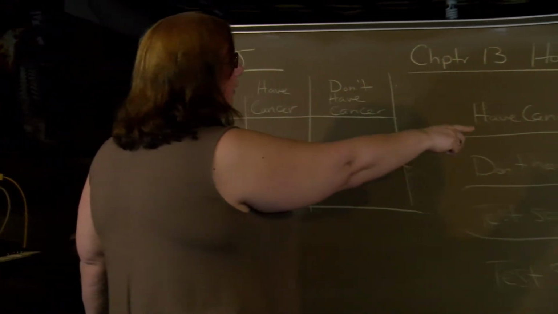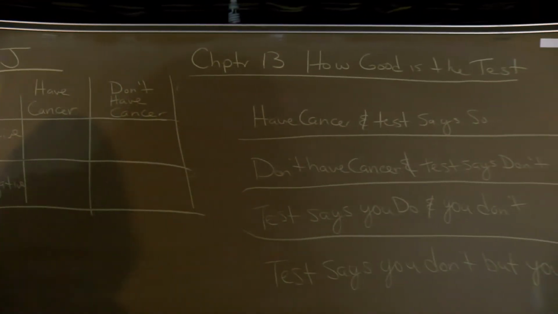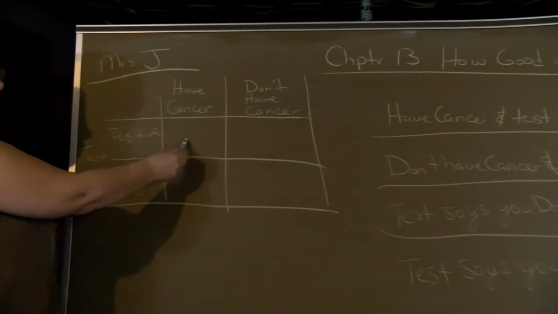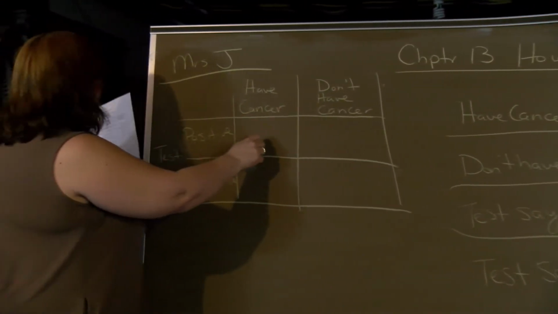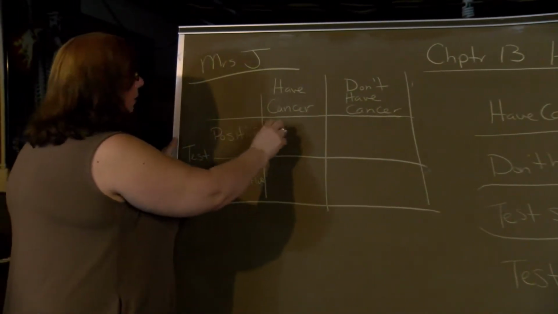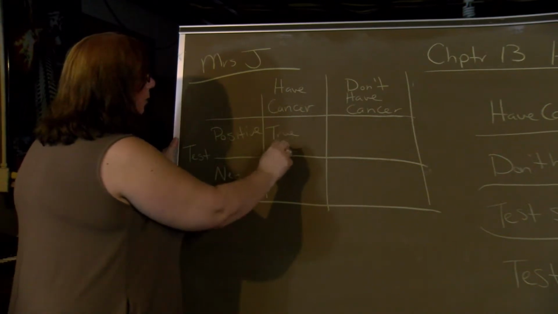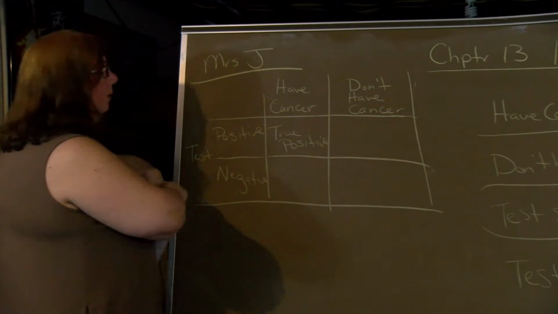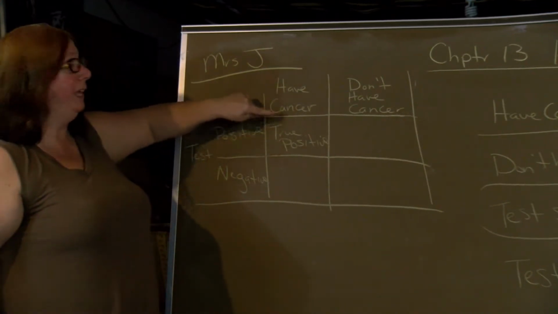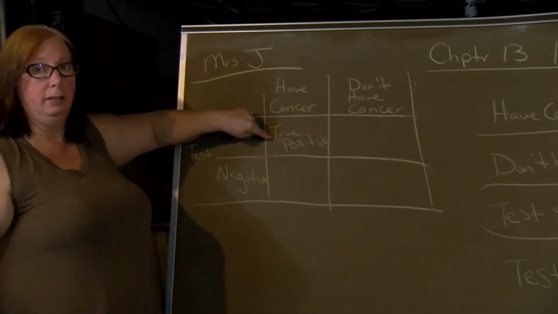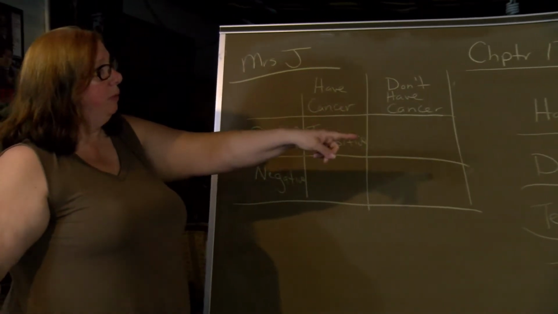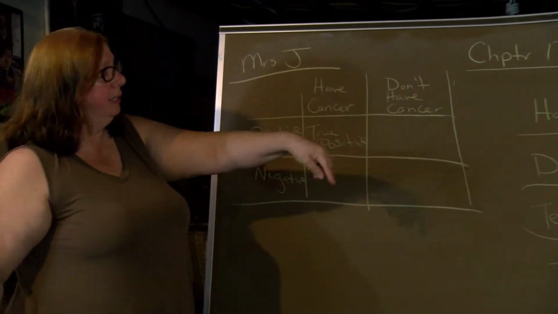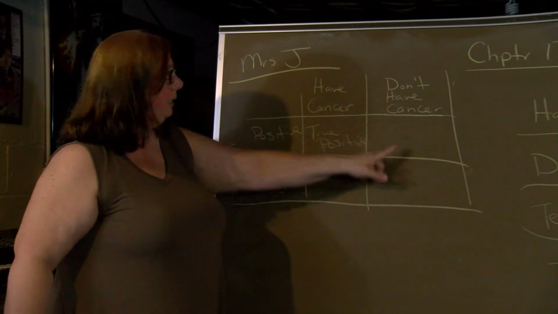If you have cancer and the test says you have it, that means you have it and it tested positive. That's called a true positive, because it tested positive and it was right. But if you don't have cancer and the test says you don't, that would be here.